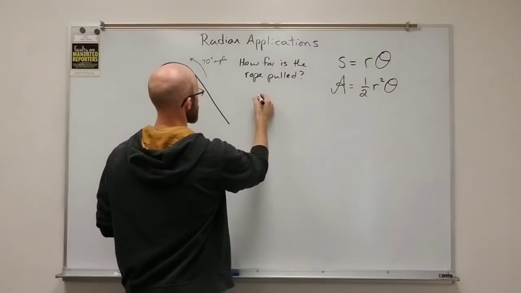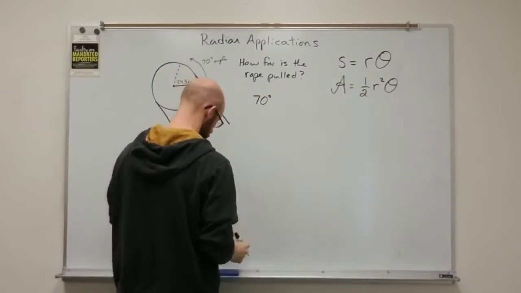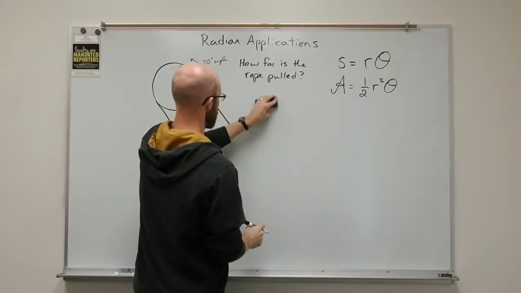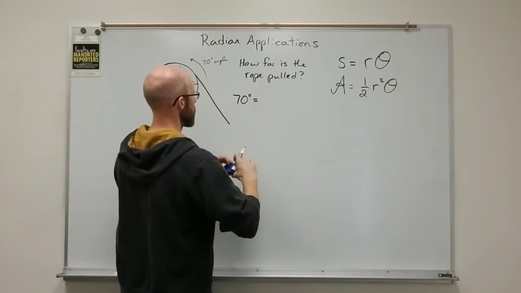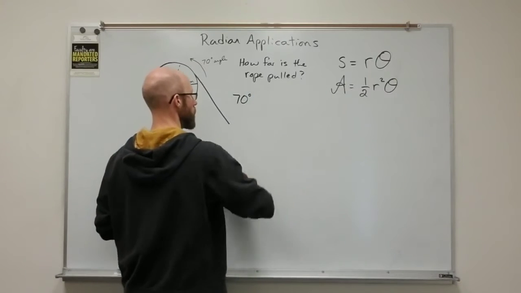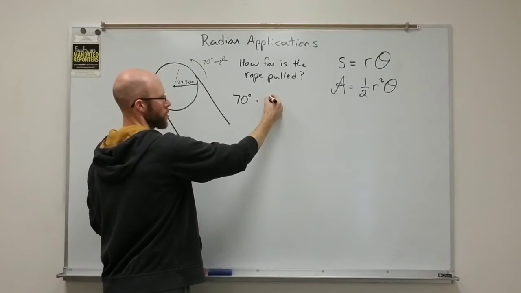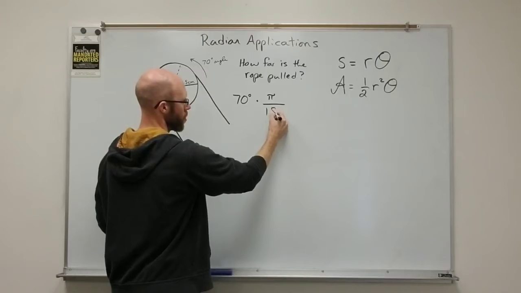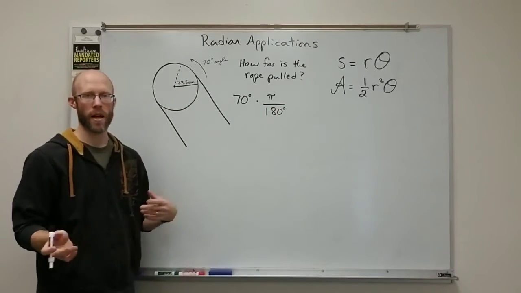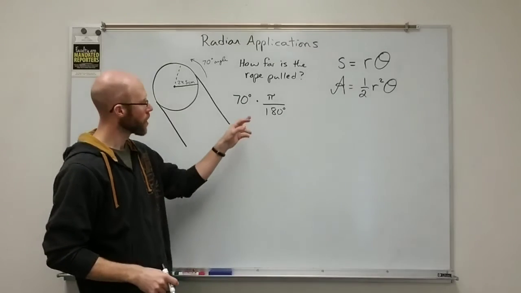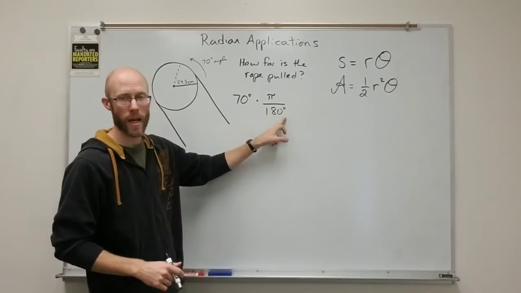So I know that 70 degrees, I convert that by multiplying by pi over 180. If you remember our unit analysis from a previous video, my degrees will cancel.